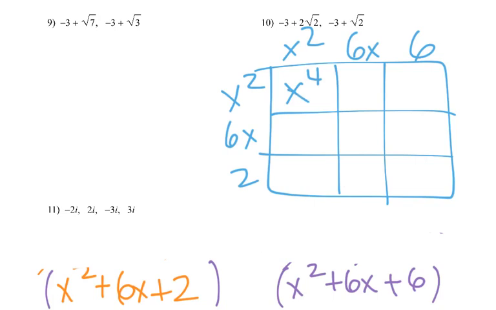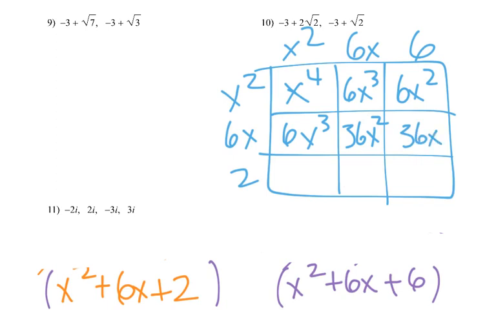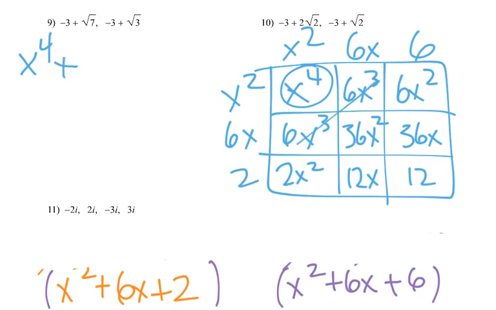X to the 4th, 6x cubed, 6x squared, 6x cubed, 36x squared, 36x, 2x squared, 12x, and 12. So here's our answer, x to the 4th plus 12x cubed plus 6, 36, and 36.